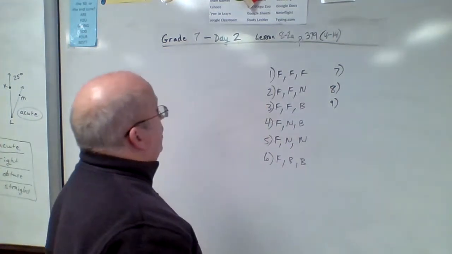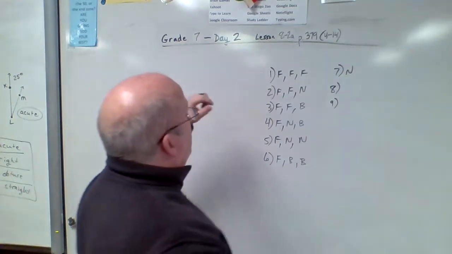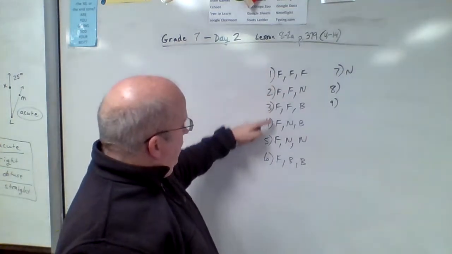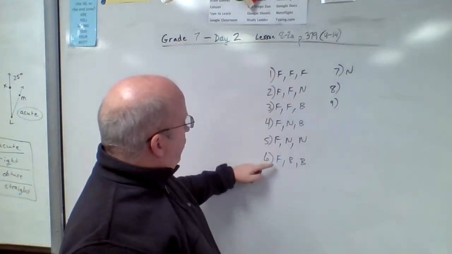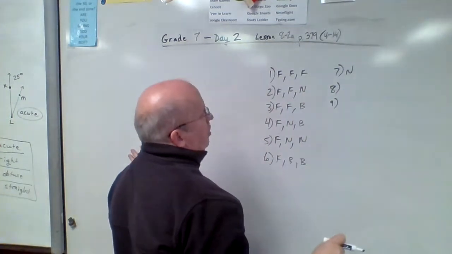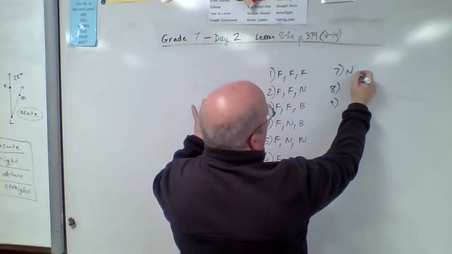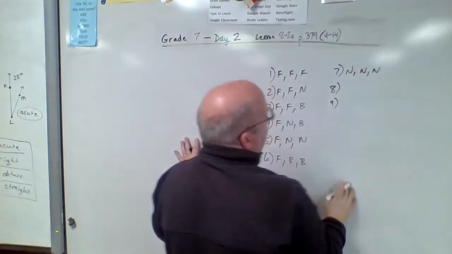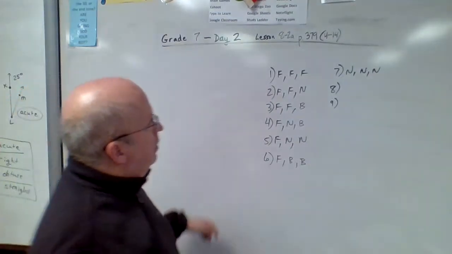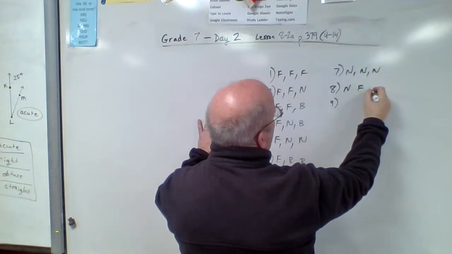If there is another way, what if we put nonfiction here? We've already, we think, come up with all the different ways that have a fiction book in it. So what if it's only nonfiction and biographies? Well, I could go, how about nonfiction, nonfiction, nonfiction? That'd be one way. What about nonfiction, fiction, nonfiction?